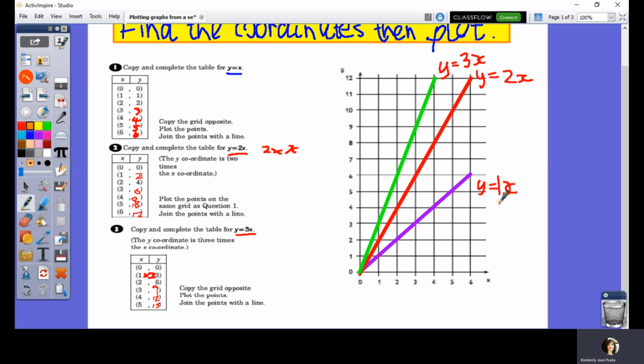Whenever I increase this number, from 1 to 2, and from 2 to 3, this coefficient of x, my line becomes steeper. So every time you increase this number, which we call the gradient, you get a steeper line. That is basically it for this question.